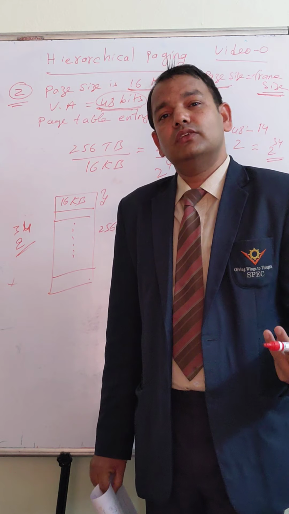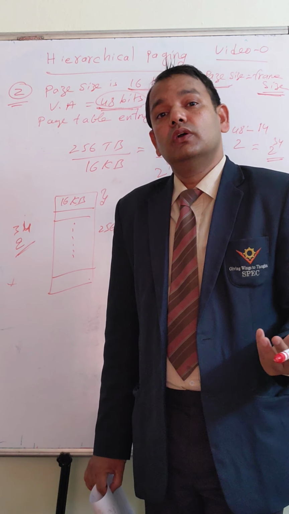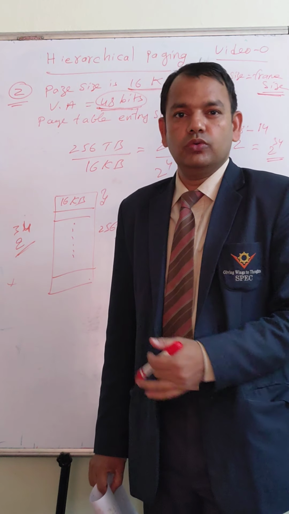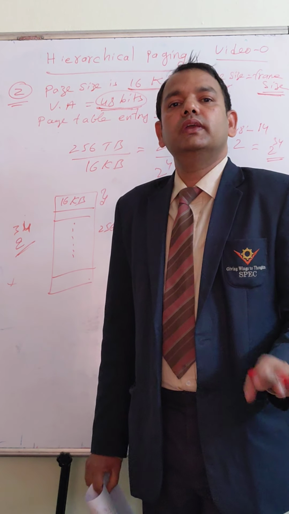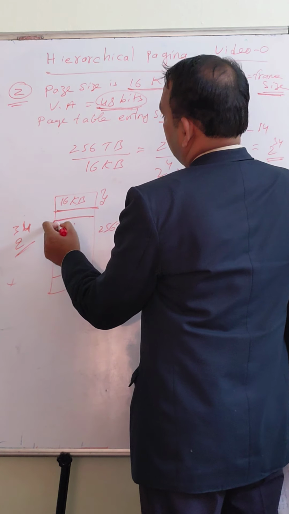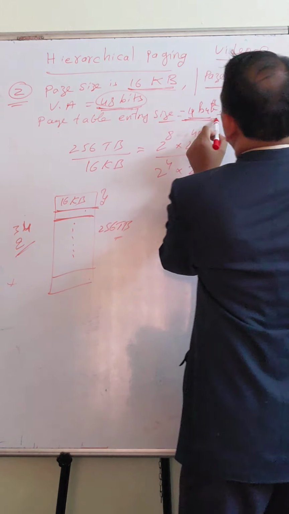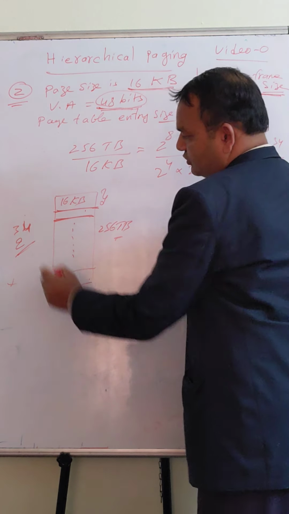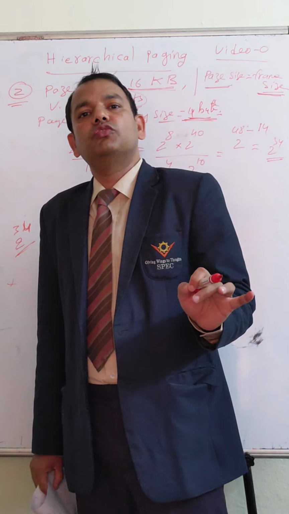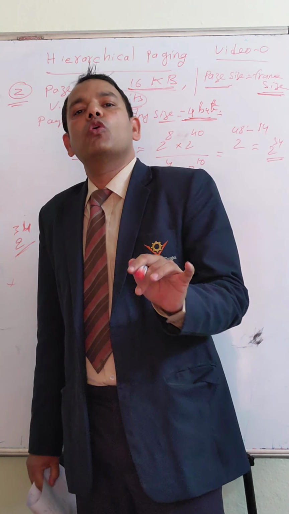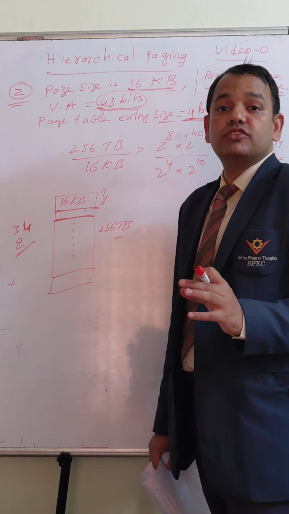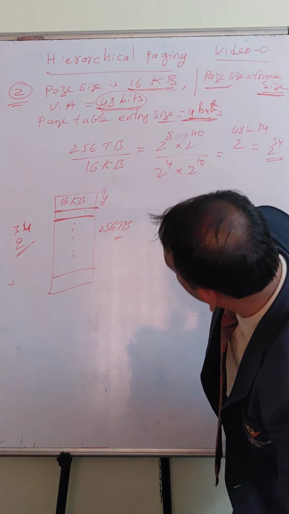How can we calculate the size of the page table? Total number of pages, 2 power 34, into each entry. How many bytes is each entry? 4 bytes. So the total size of the page table is 2 power 34 into 4 bytes. Now let us see the calculation.